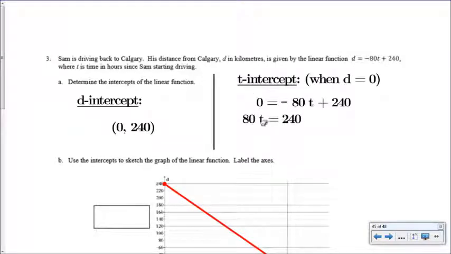And last, to get t on its own, we divide both sides by 80, and we get t equals 3, so 3 hours. Or I guess you would have (3, 0). So go ahead and give yourself 1 mark for that and 1 mark for that. So that one's out of 2.